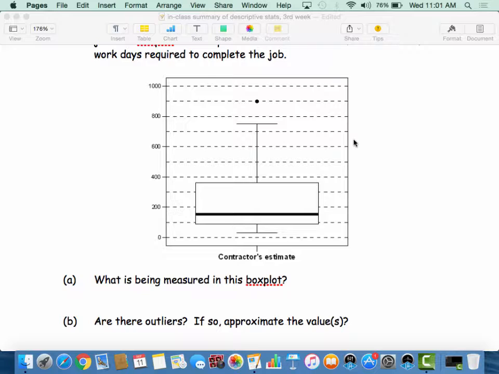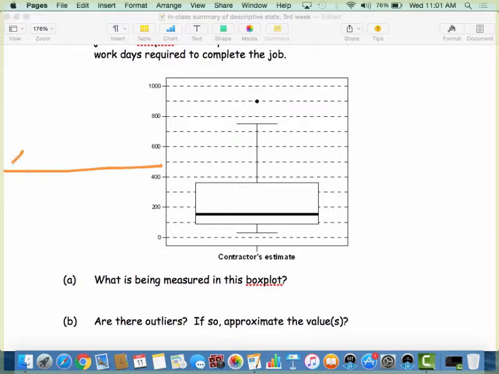Now, if you have an outlier to the right, let's think about this curve that we would have if we were to draw a histogram of this data. Most of the data is here, but then it starts to skew to what direction? Right. Yeah, exactly. Okay? It's skewed right.